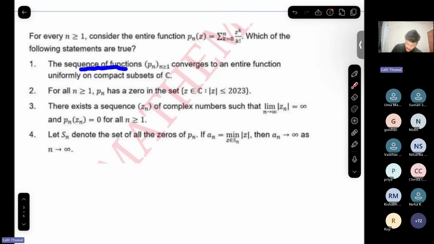The sequence of functions P_n converges uniformly to an entire function on compact subsets of C. So everyone knows this, that P_n(z) converges uniformly to e to the power z, right? So that is the entire function. So we know all this. So 2, 3, and 4. Once you know the solution of one option of this, then you know all the options. So can you try it? Let me give you 2 minutes and raise your hand if you are able to solve it.